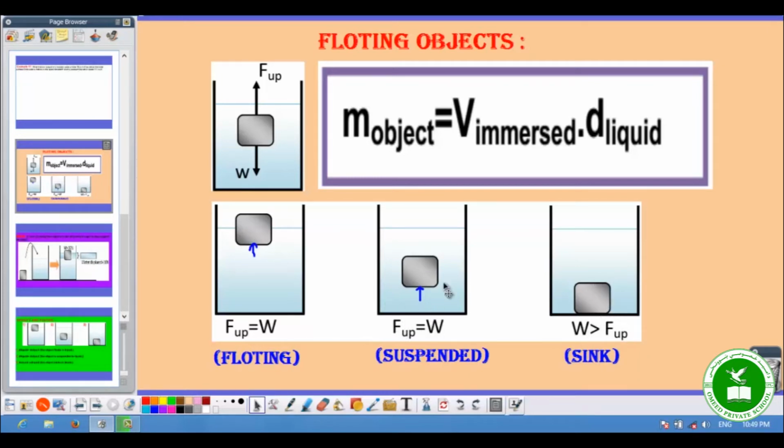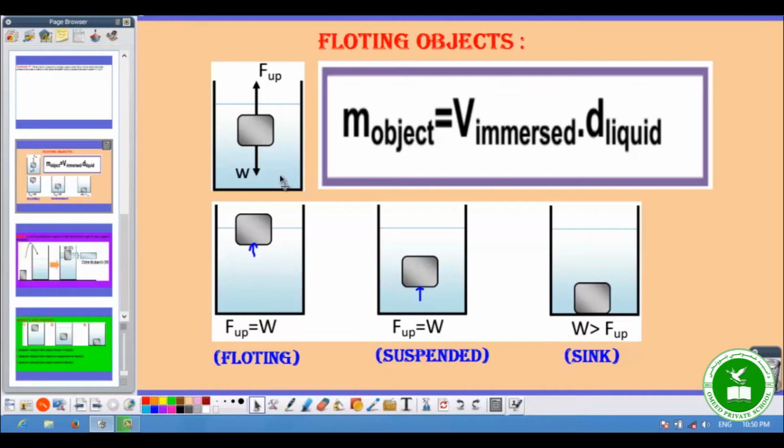So these three different cases we study here. If upthrust force is equal to weight, then it may be a floating object or a suspended object. If the weight is more than upthrust force, then it is a completely sink situation.